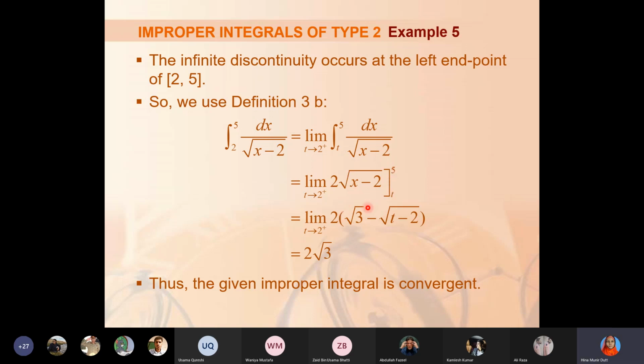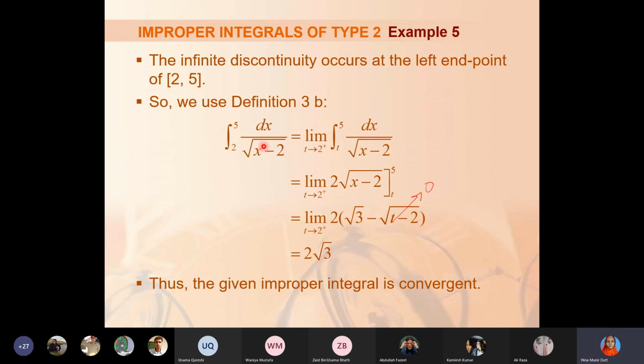After putting in the limits, that is 5 minus 2, which is 3, I will apply the limit t approaches 2 plus. When I put t equal to 2 over here, I will get 0. So my answer is 2 under root 3.